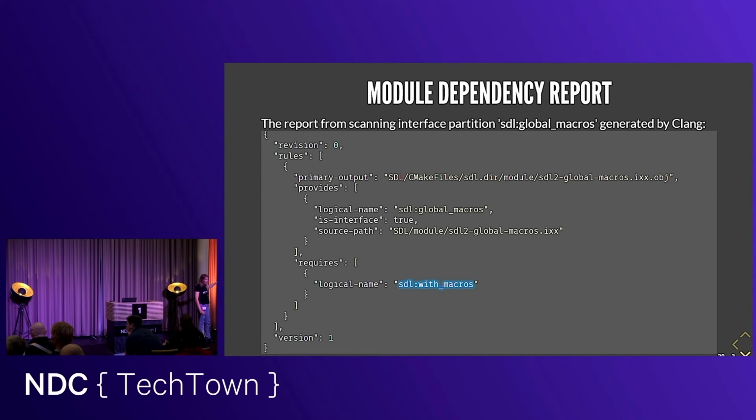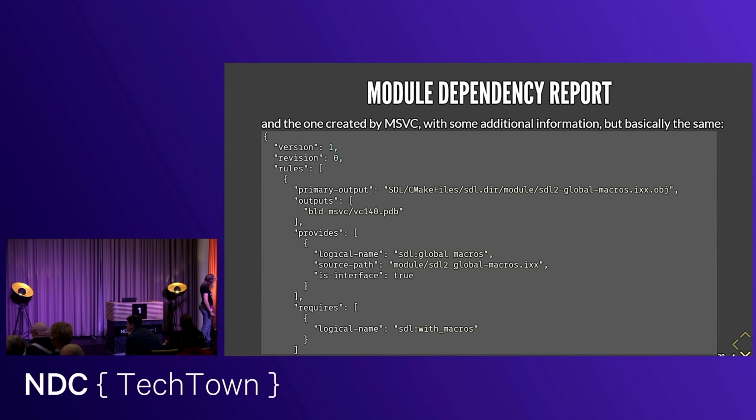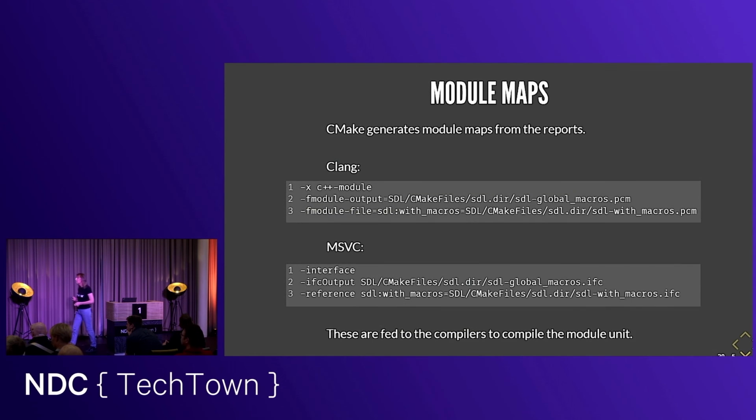This is the syntax as it comes out of the Clang dependency scanner. MSVC has it built into the compiler, but in effect, it's exactly the same. Just the ordering is a little bit different, but we don't care about ordering here. So both compilers support the correct format for the consumption by CMake. What CMake does, it creates something that they call module maps.